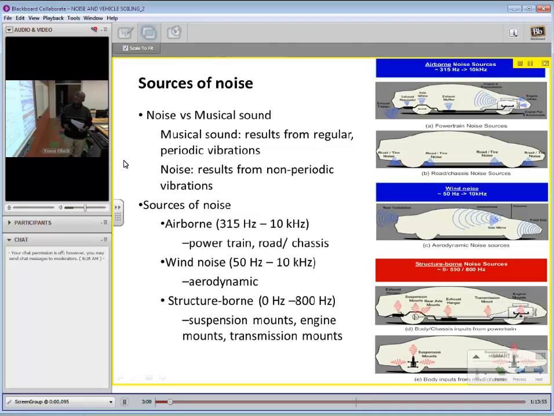That is, we want to differentiate between musical sound and noise. Musical sound results from regular periodic vibrations. So you hear something like da-dum, da-dum, da-dum. That's music. It's periodic, it's consistent, it's predictable, and also it's not too loud. We'll talk briefly about decibels, but in that form, it's regular, it's periodic, and we call that musical sound.